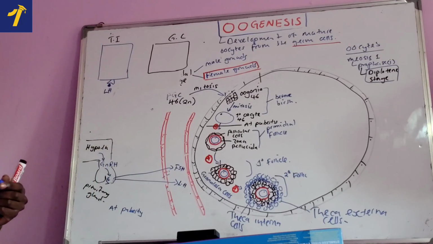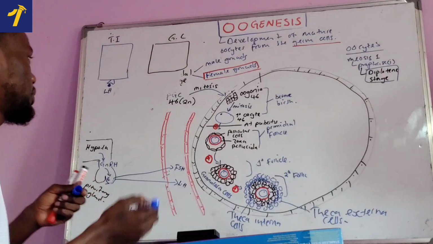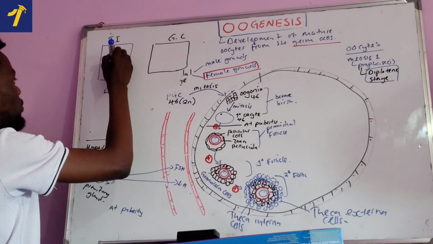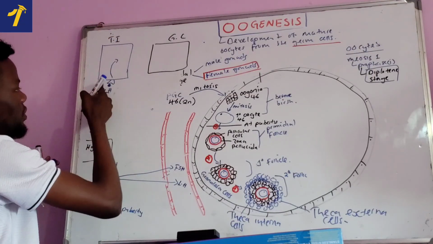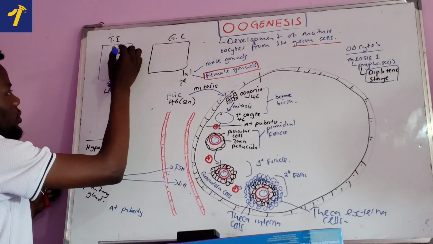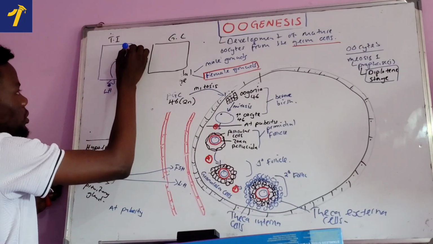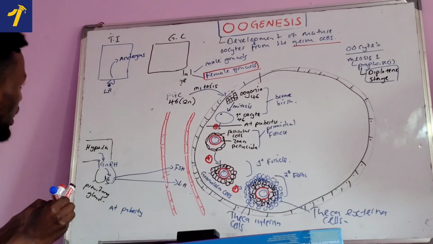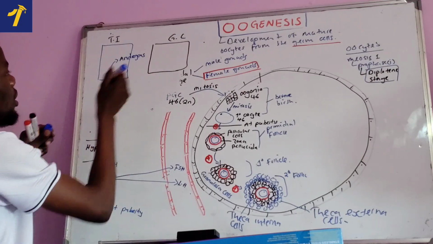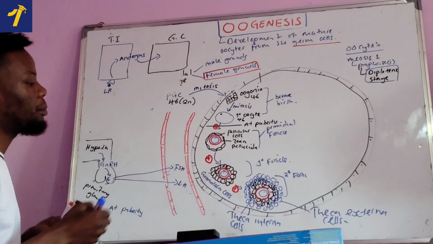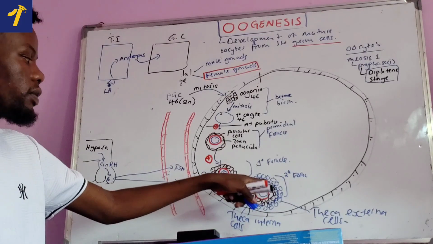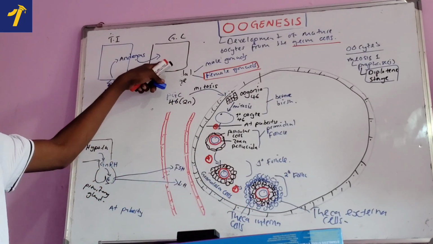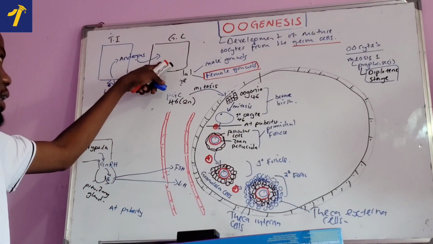They will start producing what we call androgens. So if they are stimulated by luteinizing hormone, they'll start producing androgens. And these androgens will be taken up by the what? Granulosa cells, the one in black. These granulosa cells are going to start doing something now.